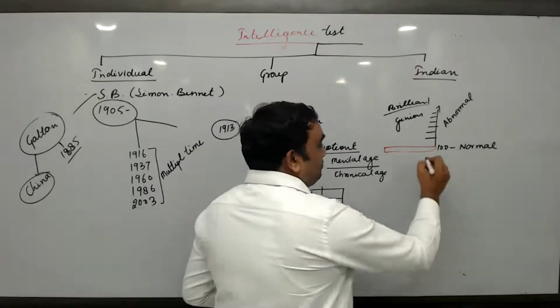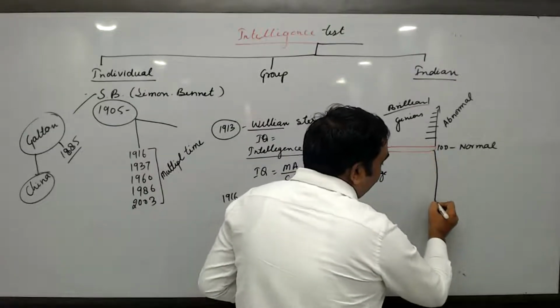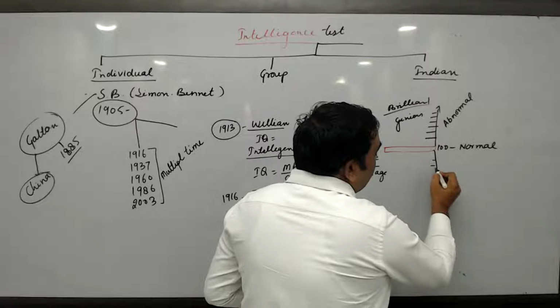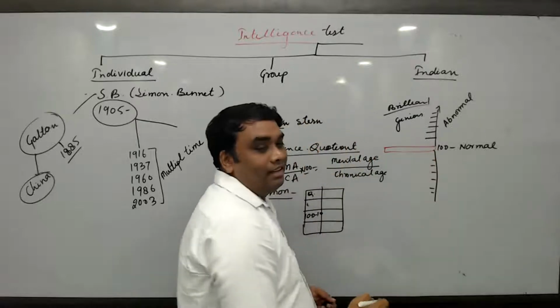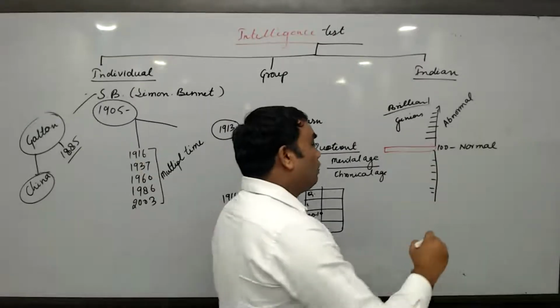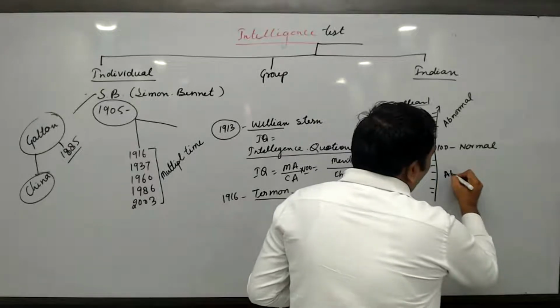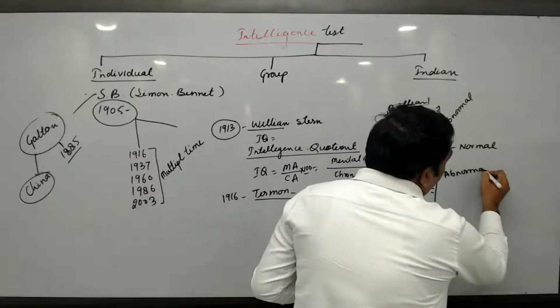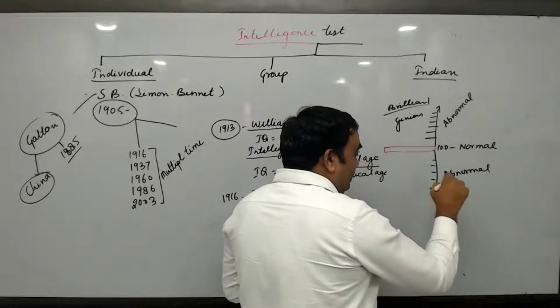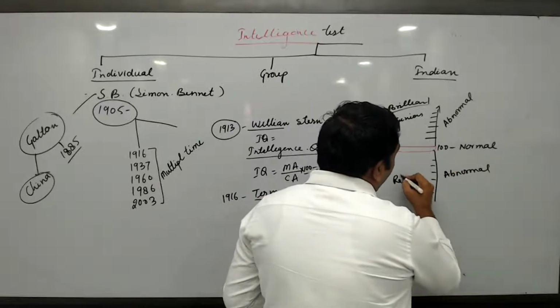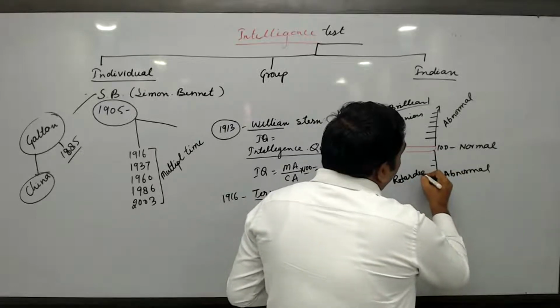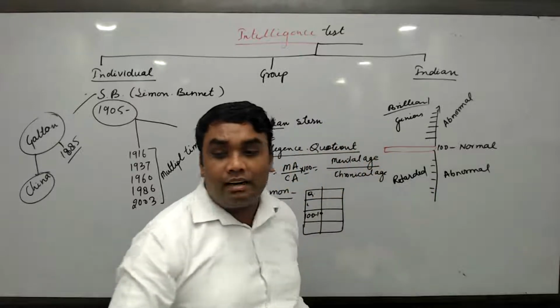But what about below this? If someone is below this normalcy, they are also abnormal, but they are considered retarded. What type of retardation is there?